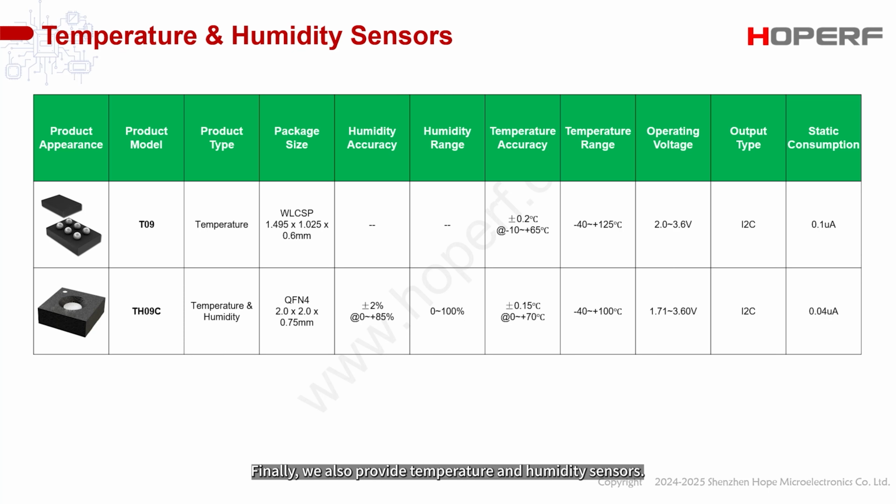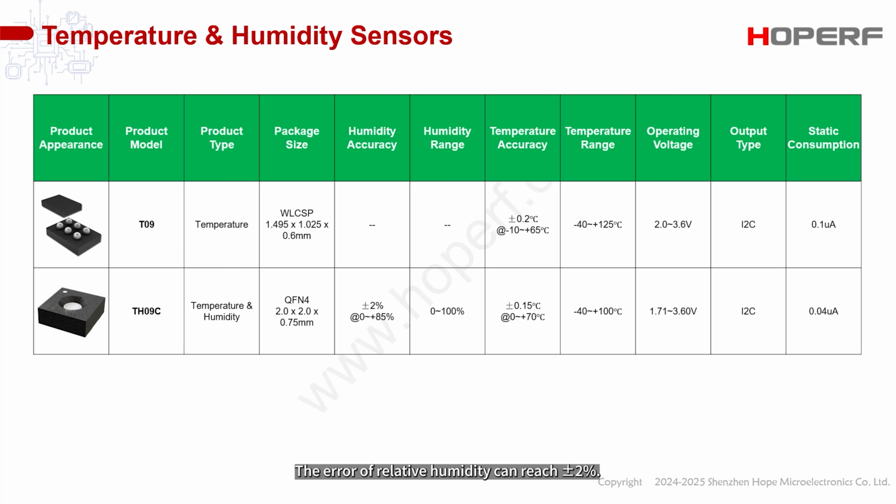Finally, we also provide temperature and humidity sensors. Both products are characterized by their small size and high measurement accuracy. The T09 temperature sensor has a measurement accuracy of plus or minus 0.2. The TH09C temperature and humidity sensor has a temperature measurement accuracy of plus or minus 0.15.